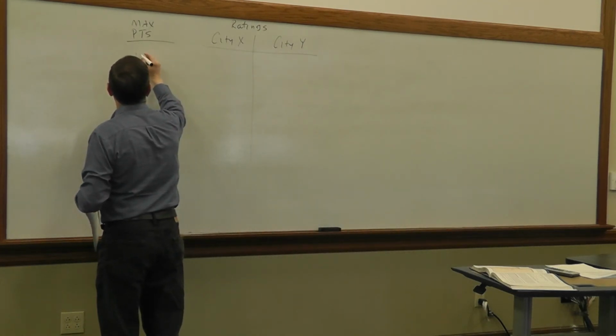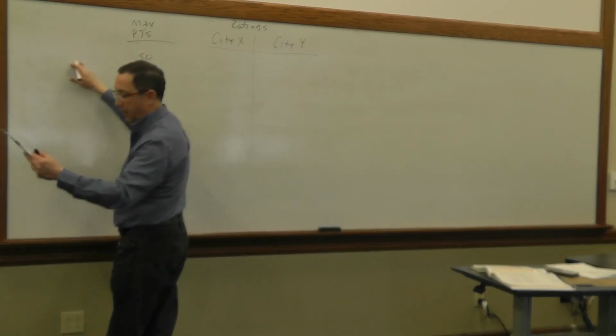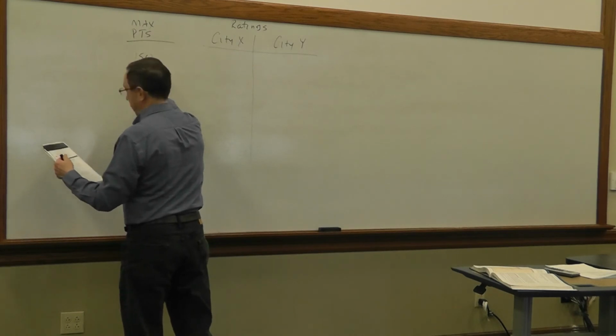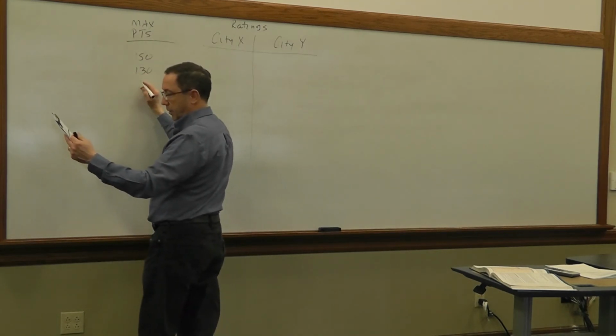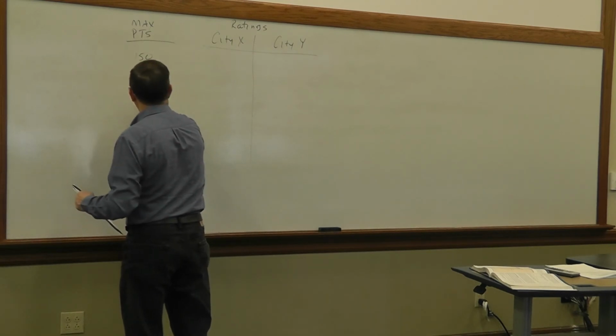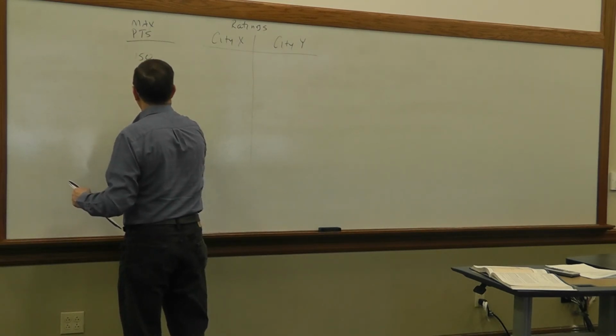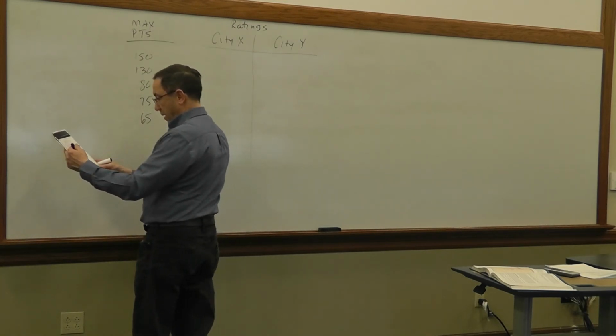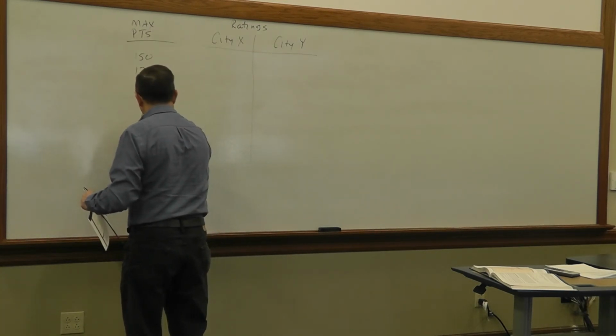Maximum points for the factors, I'm not going to write them all out here, but for labor, it's 150 points, 130 for availability of utilities, and so on: 80, 75, 65. So going from most important factor down to least important factor, 40, 30, and 25.